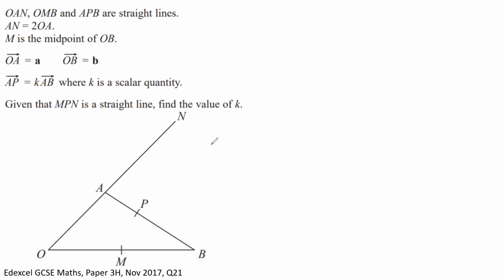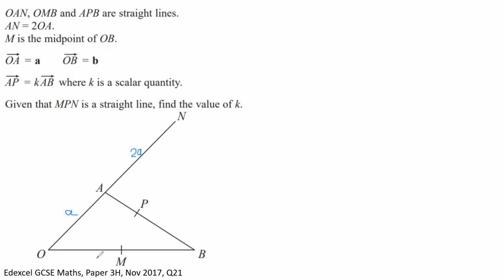So if we look at this question, we've been given various different lines. We've got OAN is a straight line, OMB is a straight line, and APB is a straight line. We've then also been told that A to N is double the length of O to A. So we also know that O to A is known as A, which therefore means that this A to N must be 2A.